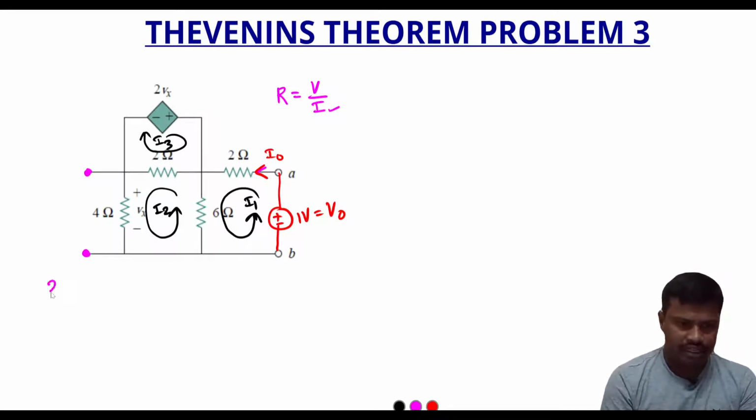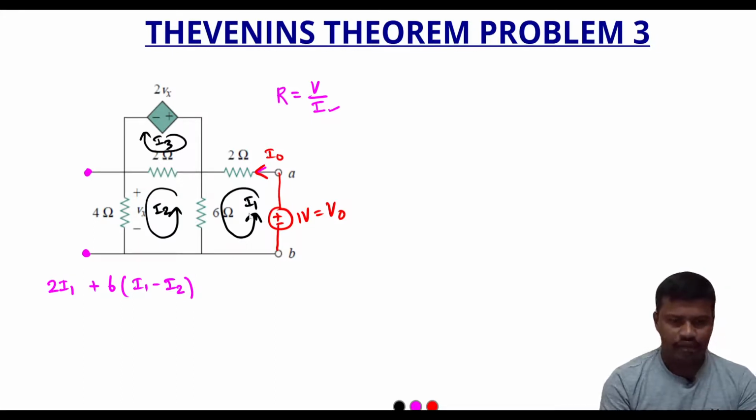When we apply KVL to loop 1, 2 into I1, and the current flowing through the 6 ohm involves the two currents I1 and I2, and both are opposite in direction, so we can write plus 6 into I1 minus I2, and the loop current I1 initially meets the negative terminal of the voltage V0, that is 1 volt, so I can write minus 1 is equal to 0.